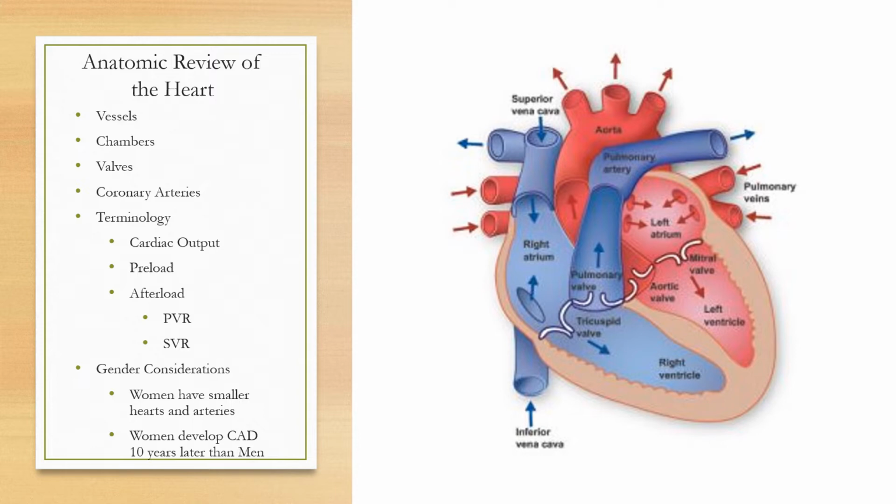So I think of the preload of a ventricle as the filling of the ventricle with blood, stretching the fibers of the myocardium, getting it ready for the next contraction. And if the blood doesn't fill the chamber, well, there's no preload. It didn't fill it properly. Okay. And the afterload is how much blood pressure do I have to pump against to get my blood out of the ventricle.